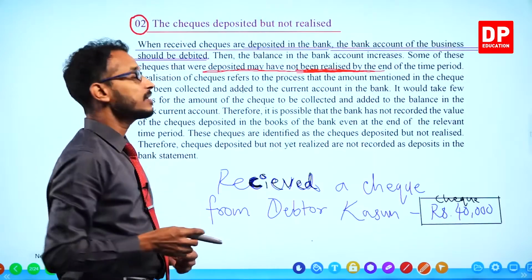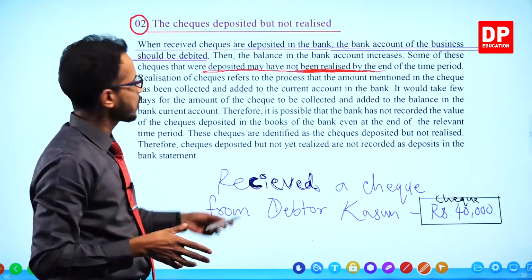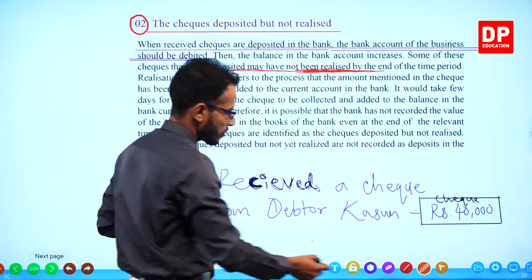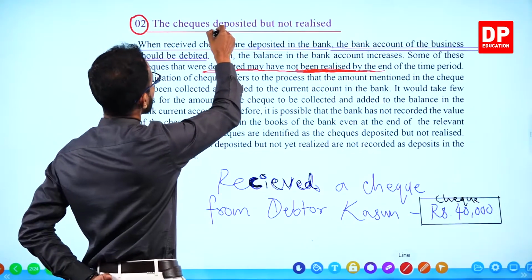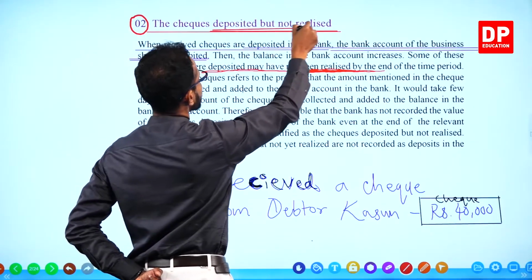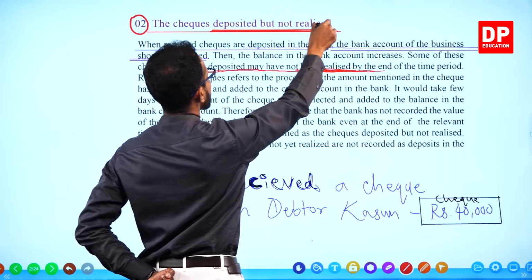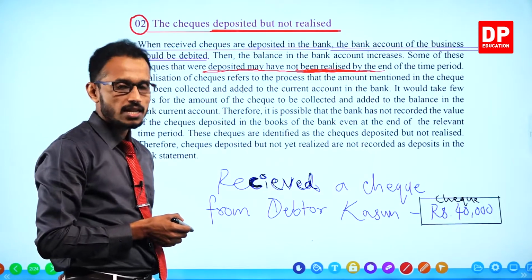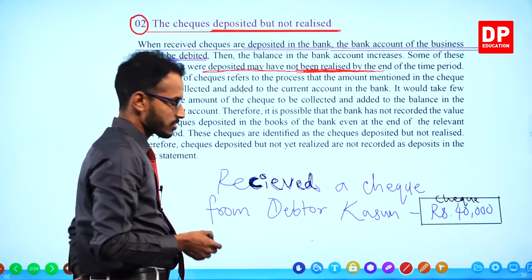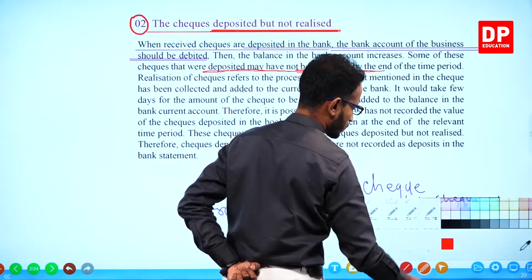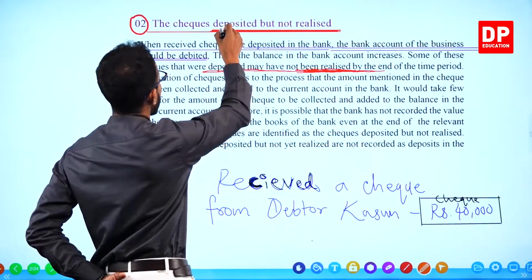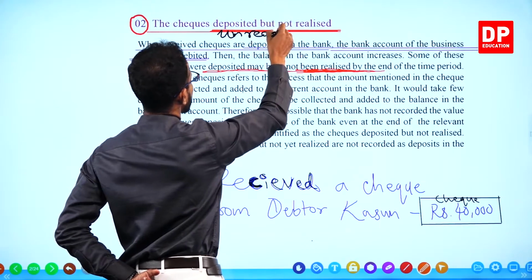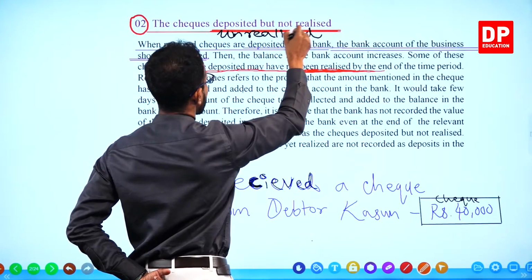Here in this slide, we just finished talking about checks which are deposited but not realized. These are called unrealized checks.